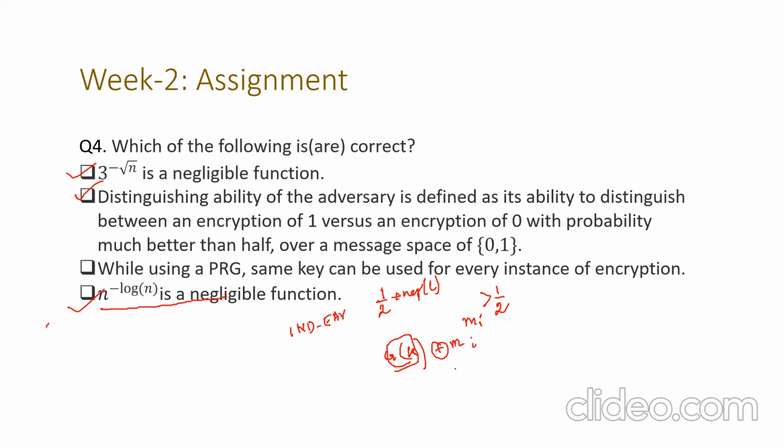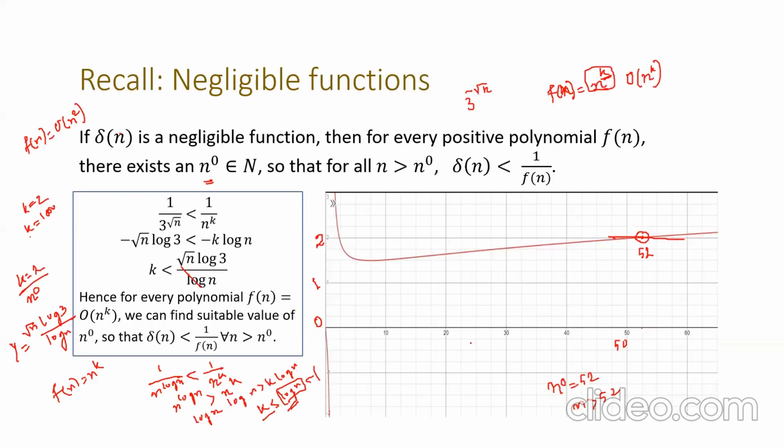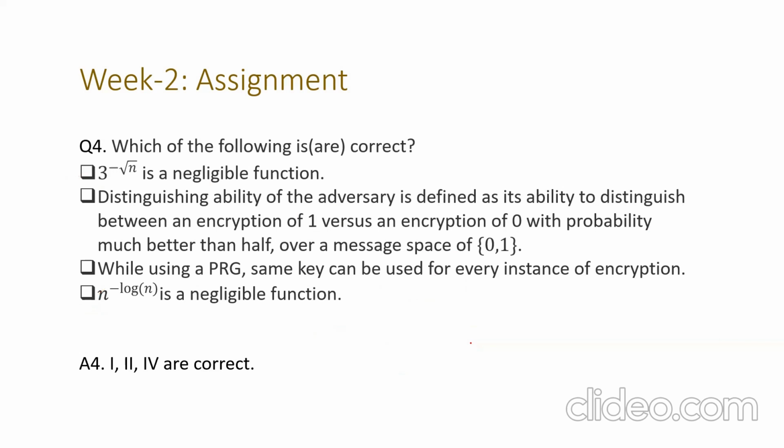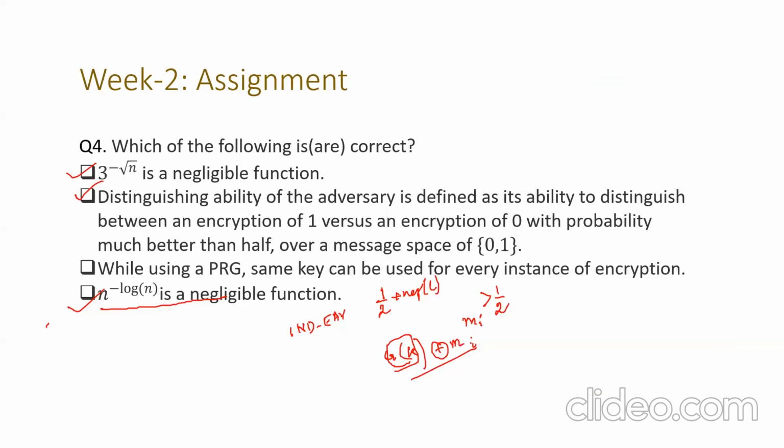So if you are looking at multiple message security, that is NDAP security in the presence of multiple messages, then it can be problematic because this scheme is deterministic. But otherwise, yes, the same key can be used for encryption. Okay, so in general, we can't say that this is a correct statement. The reason being this.